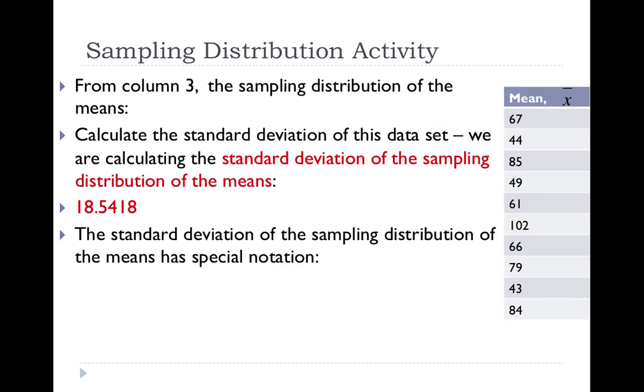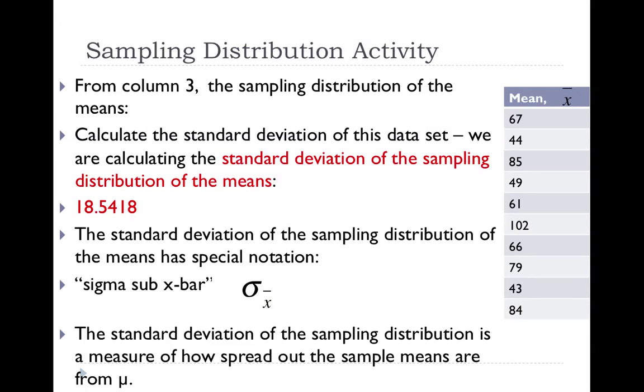And it has special notation, denoted by sigma sub x bar. Where the population standard deviation is sigma, the standard deviation for the sampling distribution is sigma subscript x bar. That little x bar tells us that we're dealing with a sampling distribution. This is the standard deviation for the sampling distribution.